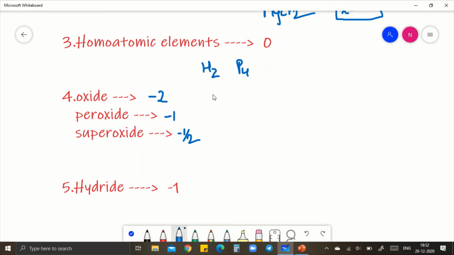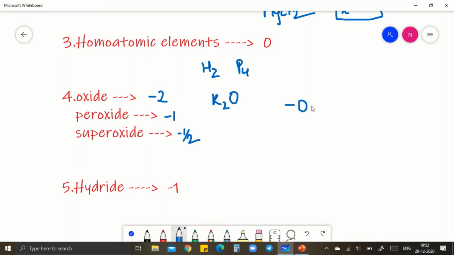An oxide example is K2O, potassium oxide. In this, potassium's oxidation state is +1, so 2 plus X is -2. Oxygen, it is oxide.